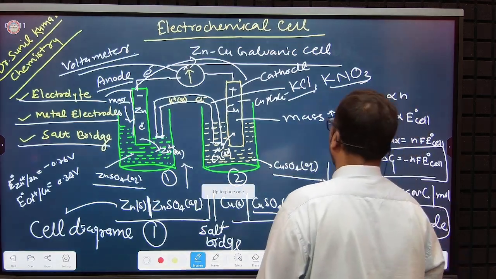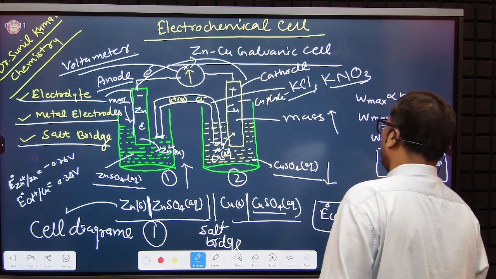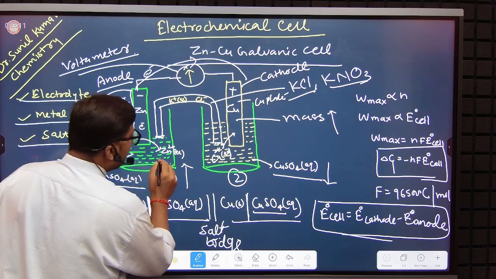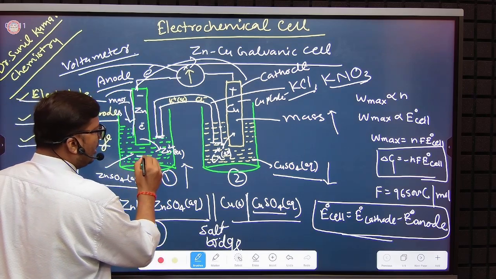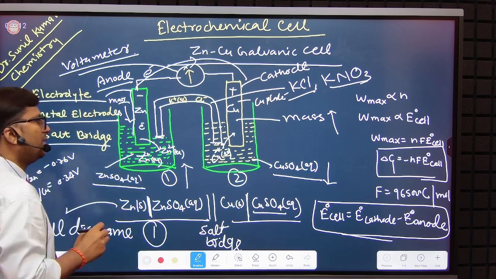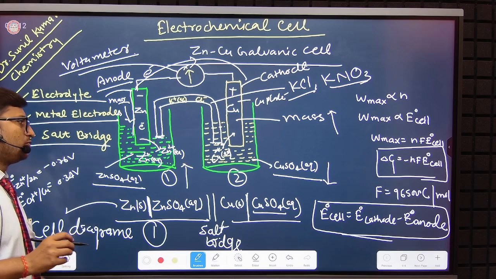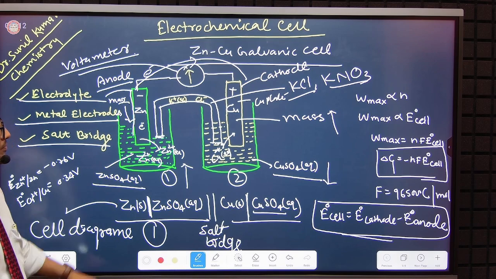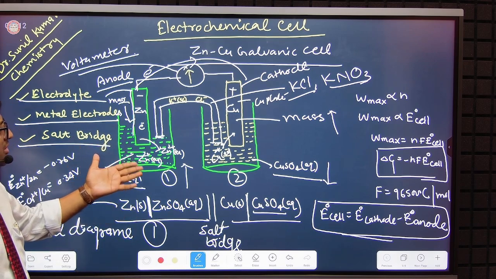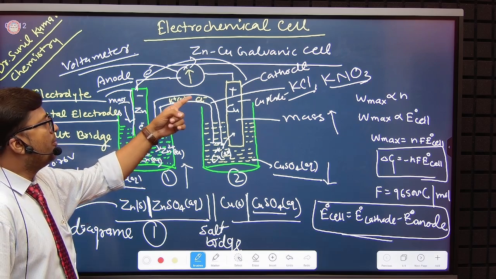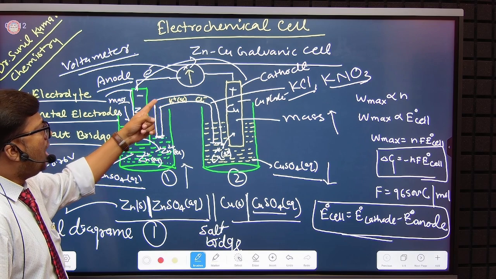So what happens now? If there is an increase in the concentration of Zn2+ aqueous, how will this be neutralized? The increased concentration of zinc 2+ will be neutralized through the movement of selective ions.